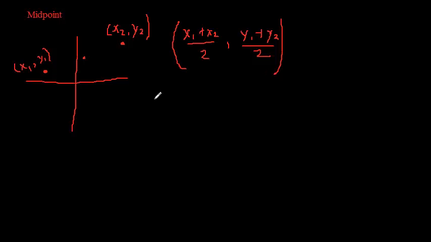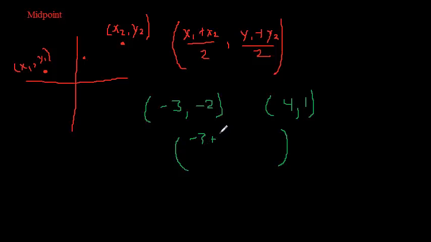So let's say I want to find the midpoint between these 2 points, -3 and -2 for my first point, and 4, 1. So the point halfway between those 2 points, we set that up into our midpoint formula. You have your x1, -3, plus your x2, 4. Just finding the average of those two values, throw it over 2.